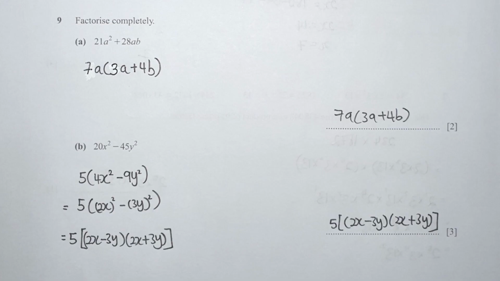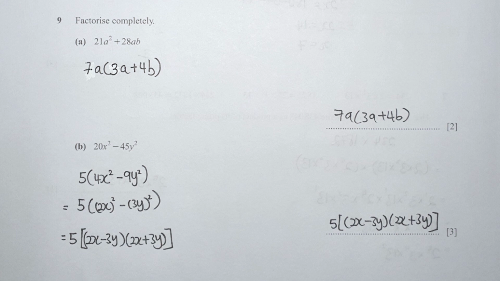As for question 9a, what I noticed was that they have a common factor of 7 and also a. So I extracted 7a out of both of them, and we have a balance of bracket 3a plus 4b. As for part b, I extracted 5, so I got 4x squared minus 9y squared.